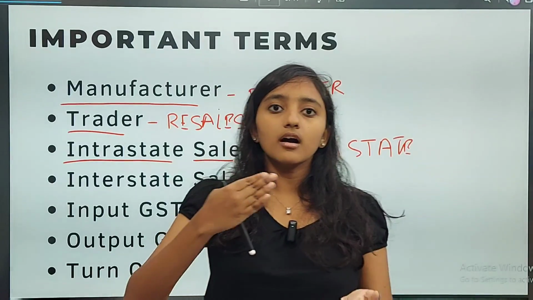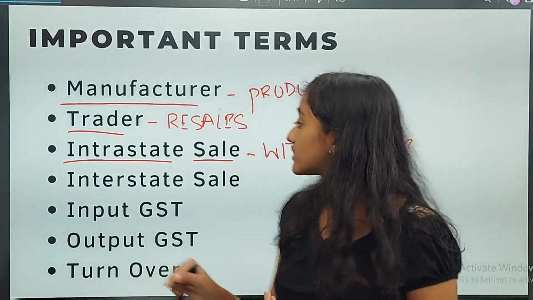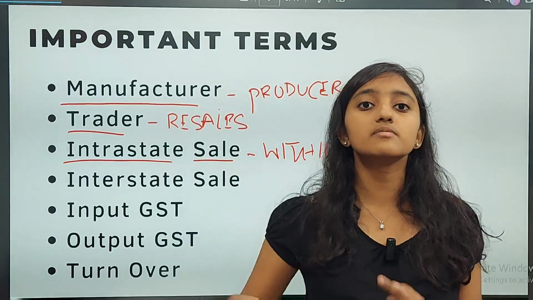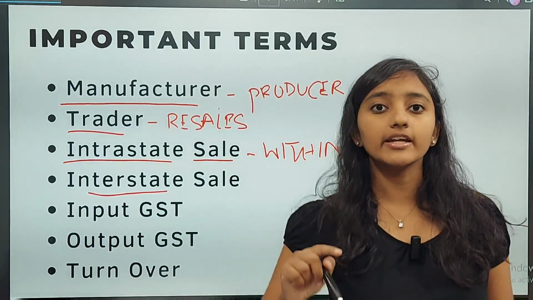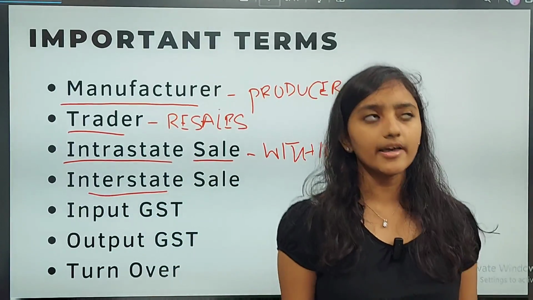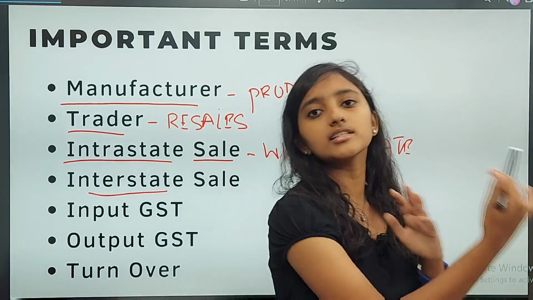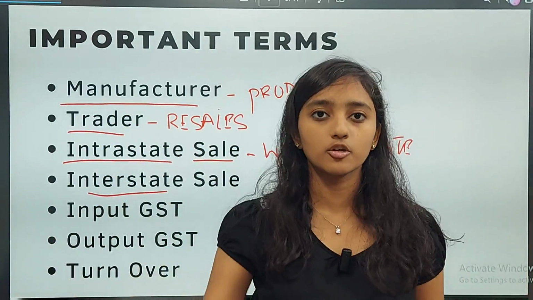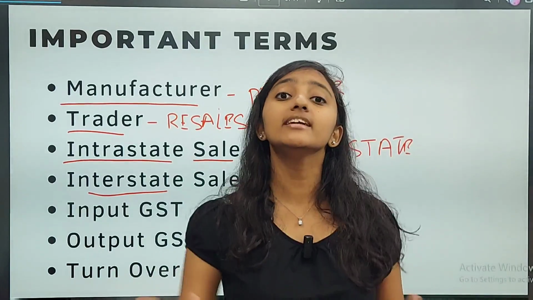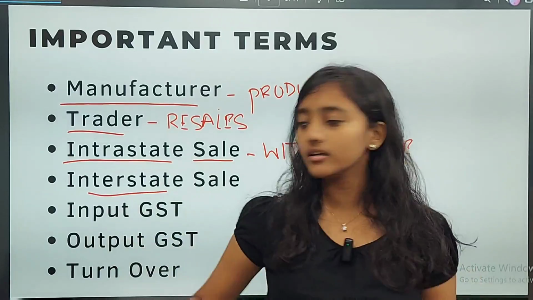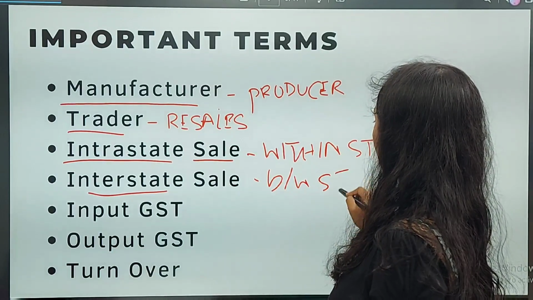So the tax they will have to pay is called intra-state sale, because the service is being provided within the same state, whereas interstate sale means when it is between two states. Suppose I am buying an idol in Rajasthan and I'm going to sell it in Uttar Pradesh. Bought in one place, selling in another. So this is known as interstate sale, that is, between states.